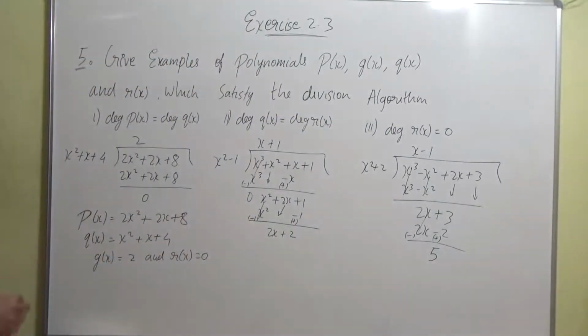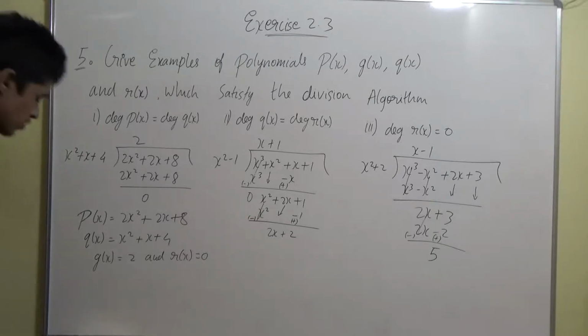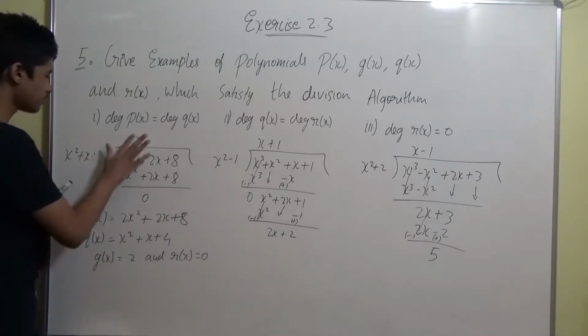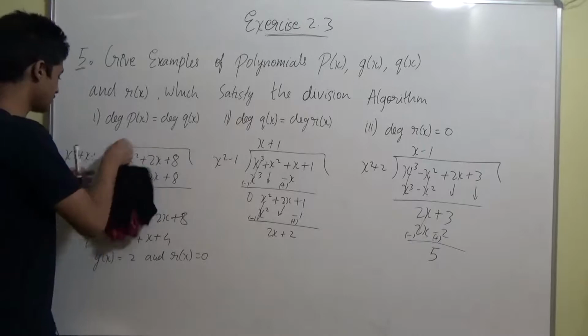I'll just move aside for some time. So here I got it, guys. The correction is a small correction, guys. What we have to do is 2 should come here.